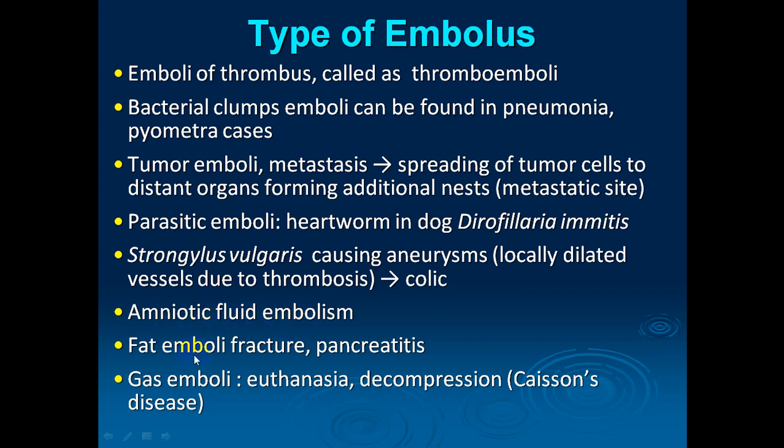Or emboli can also originate from fat, for example in the case of bone fractures, or pancreatitis, inflammation of the pancreas. Inflammation of the pancreas can release fat droplets into the bloodstream. These fat droplets do not mix well with the fluid in the blood vessels, so the fat can be trapped in the smaller blood vessels, causing ischemia and infarct.